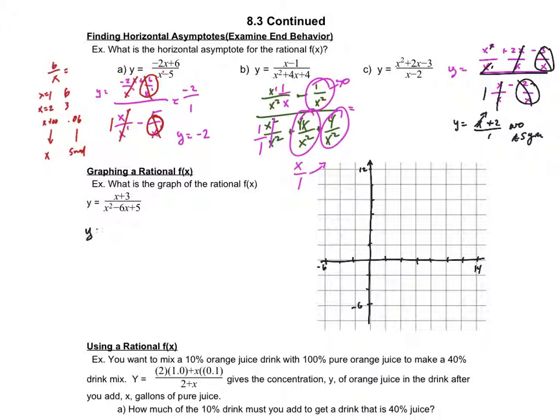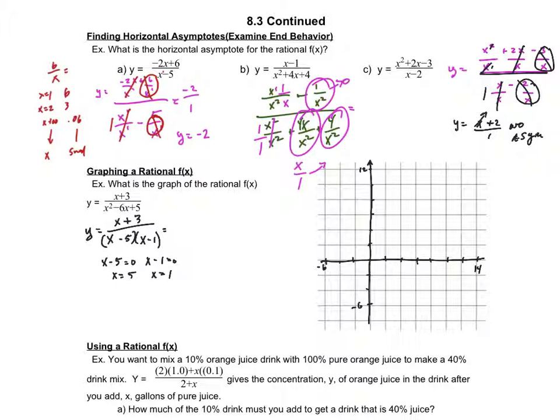And what I want to do is I'm going to go ahead and factor this. And I have x plus 3 equals x minus 5 times x minus 1. And therefore I know that using the zero product property, x minus 5 is equal to 0, x minus 1 is equal to 0, and then x equals 5, x equals 1.